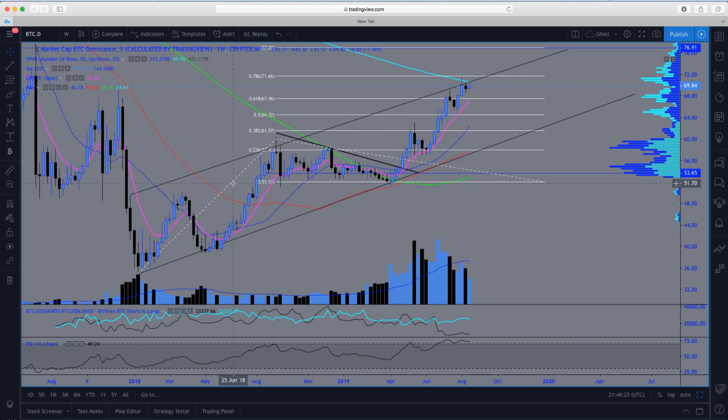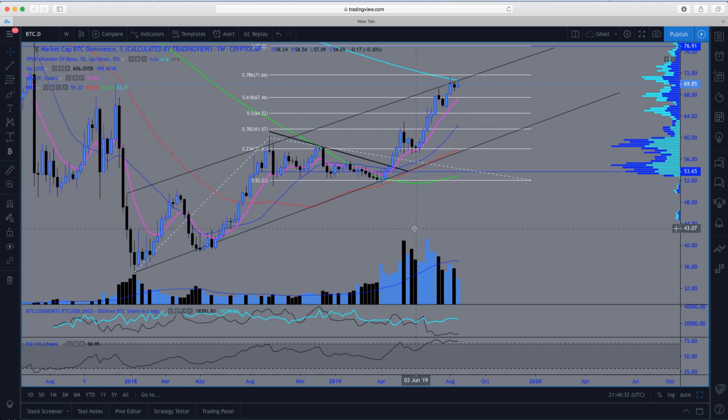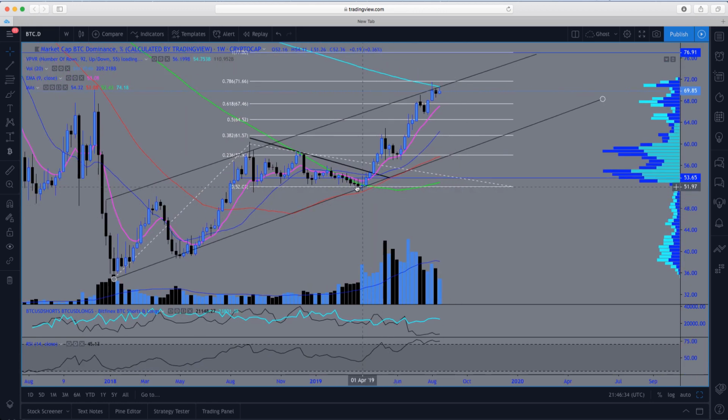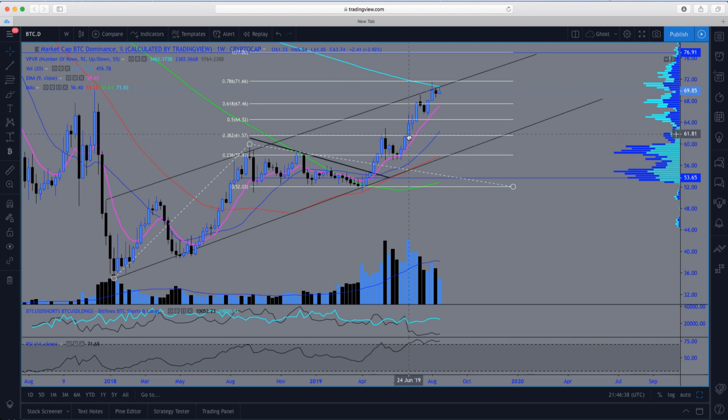As we could see, we're traveling within a rising channel, rising wedge roughly, however you do want to look at it. But again, we had our Fibonacci extension. Respect these levels as a lot of times they do. We got to the 618 up over here. We had some resistance, as that always is strong resistance.